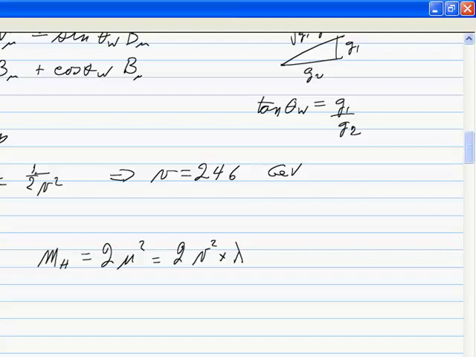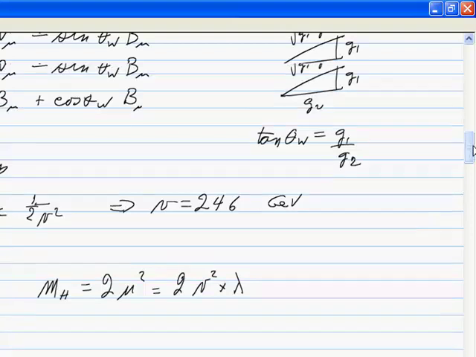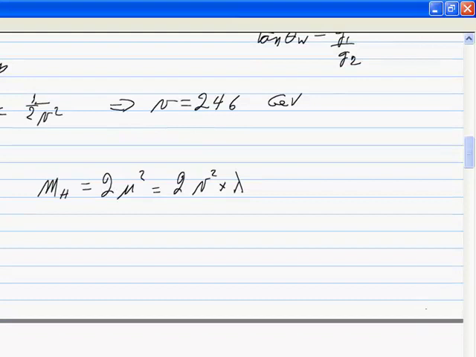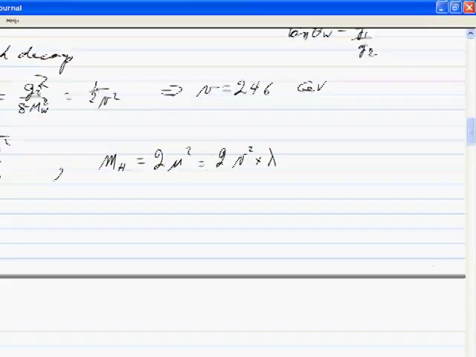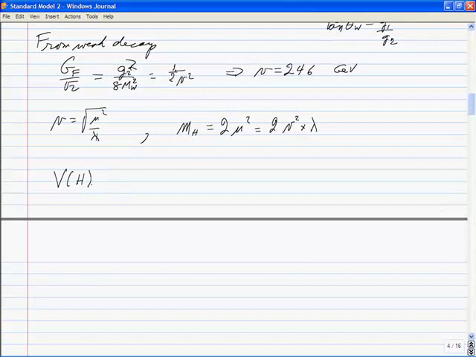Okay, so it all hinges now on what's lambda, right? And that's the only place that lambda enters, really, in that Higgs potential. We haven't done it, but you can write out V of H. Let's just do it, see if I can do it from memory. It's this 2 mu squared H squared.